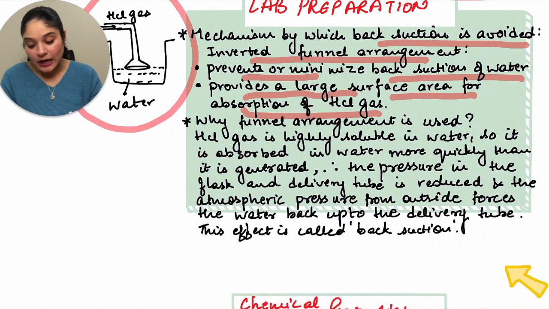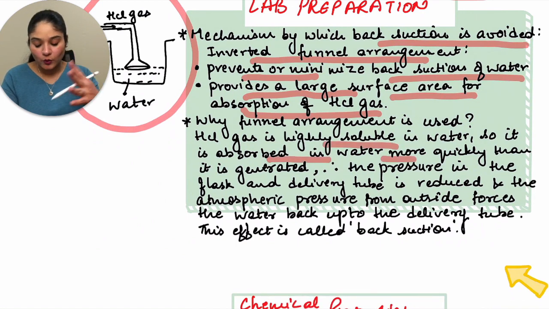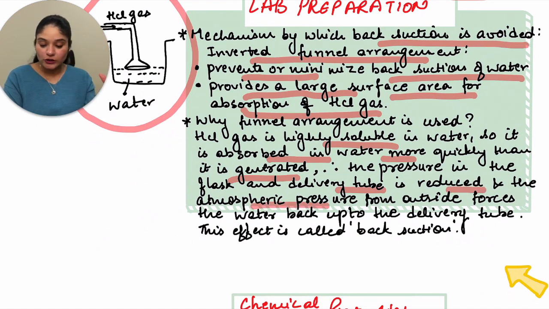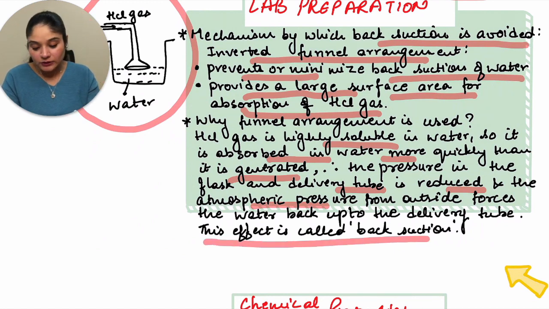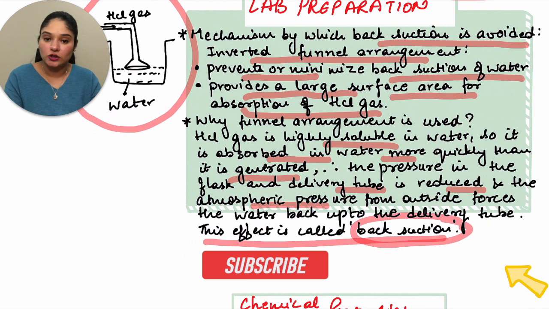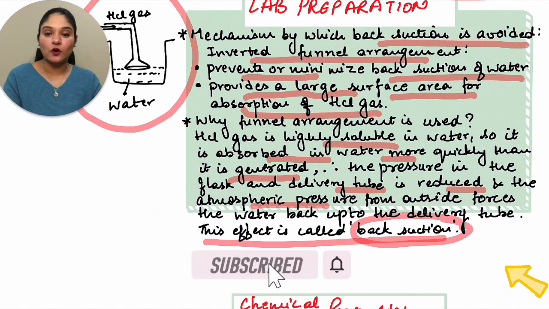HCl gas is highly soluble in water, so it is absorbed in water more quickly than it is generated. Therefore, the pressure in the flask and the delivery tube is reduced, and the atmospheric pressure from the outside forces the water back up the delivery tube. This effect is called back suction. So in this you get an answer for why funnel arrangement is used. Also you get the answer for what is back suction.